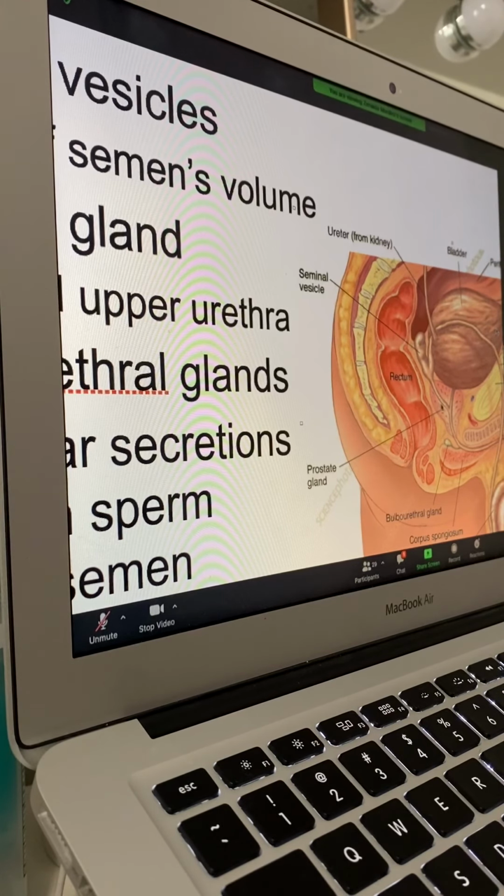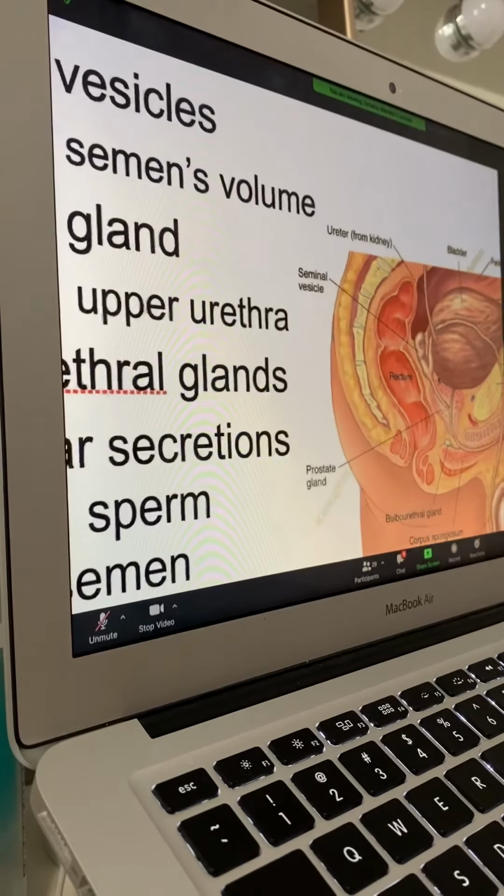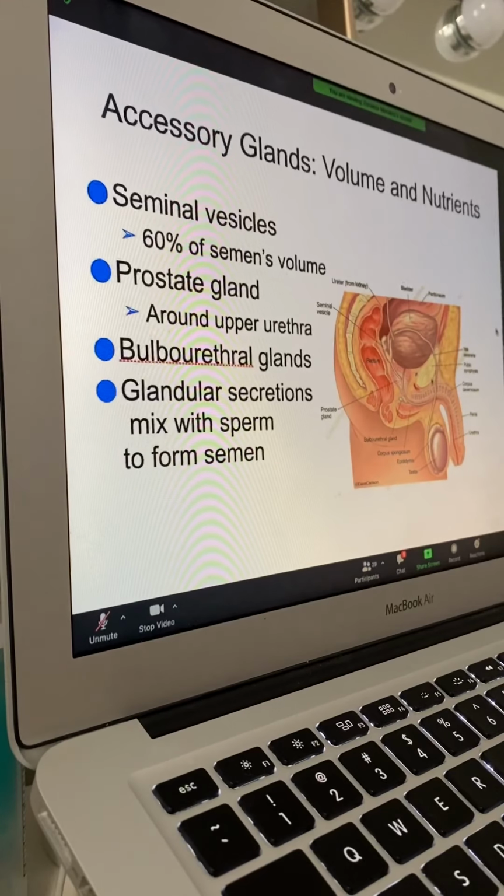So this is your prostate gland, and then you have here your bulbourethral glands that produce secretions, and those secretions help in lubrication during sexual intercourse. And this is the rectum. This is the bladder. Can you picture it now? So the glandular secretions mix with the sperm, and it forms the semen.